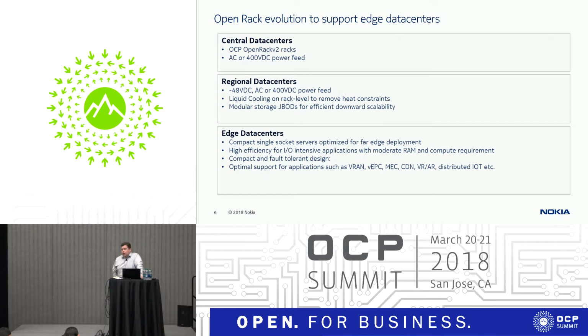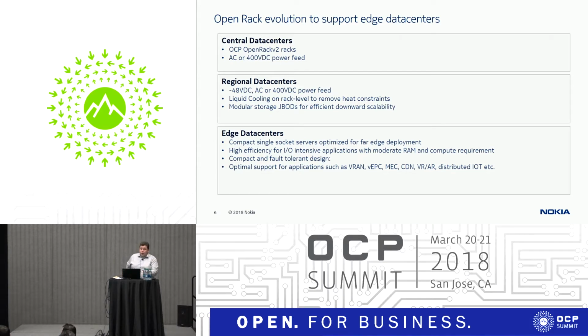Then on the edge data centers, the physical limitations on the site are kicking into play. We are seeing demand for really limited depth of the servers, something like 600 to 800 millimeters, not the full scale OpenRack with more than 1,000 millimeters.